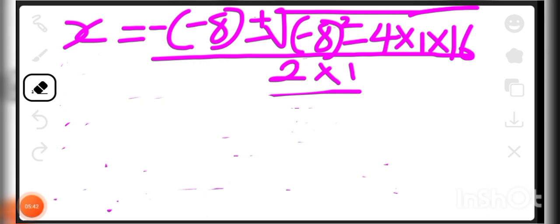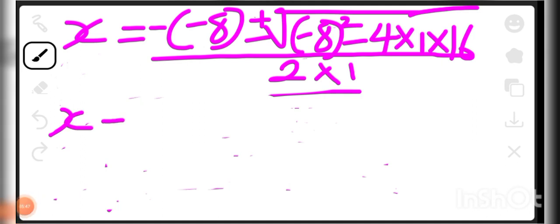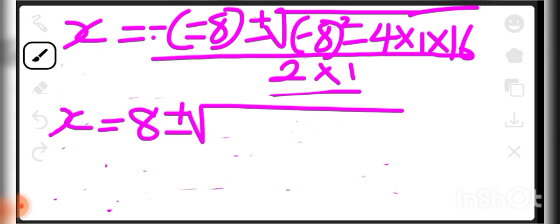So x will equal minus times minus, that will be plus 8, plus or minus the square root of. If you take the square root of a negative number in brackets, we change it to plus. So minus 8 squared will give us 64.